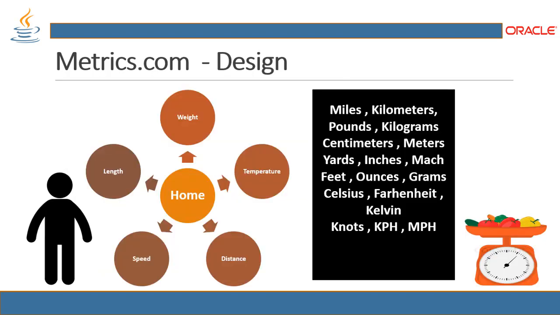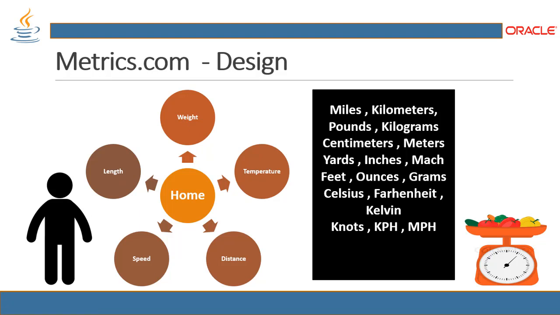Now let's take a look at the design. Metrics.com, the online scale converter, will include a home page. This home page will have the options of conversion for distance, temperature, weight, length, and speed as categories. For example, let's take weight.